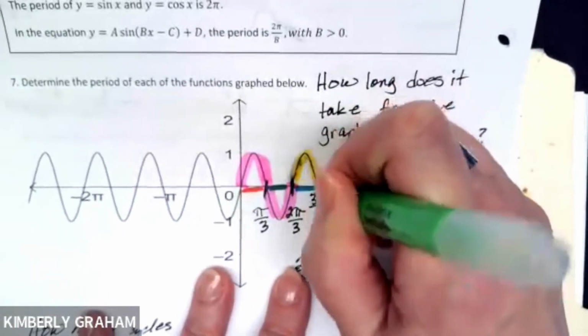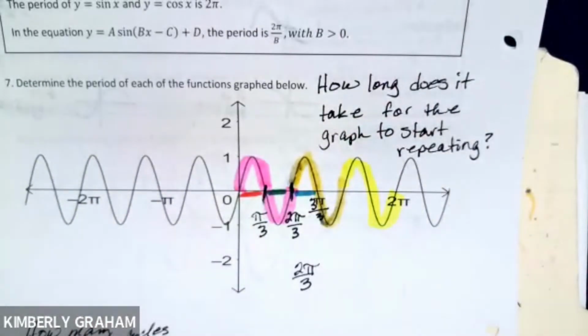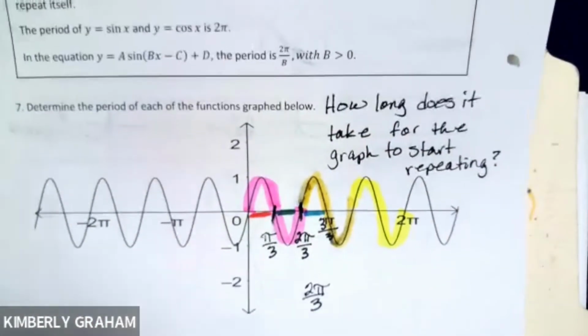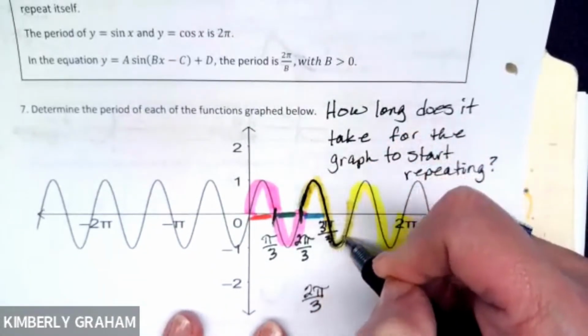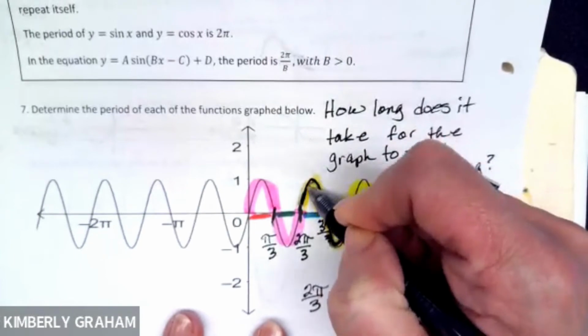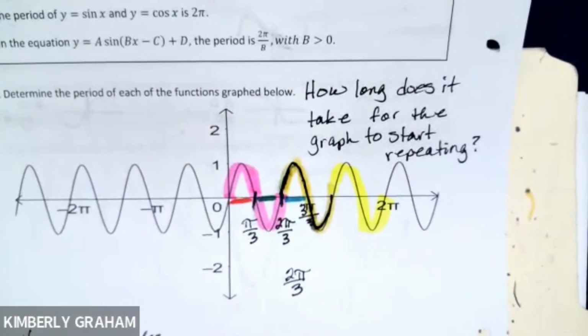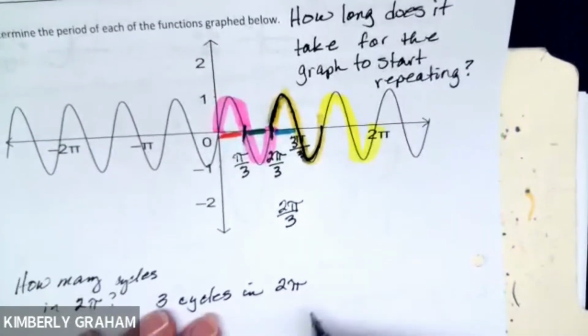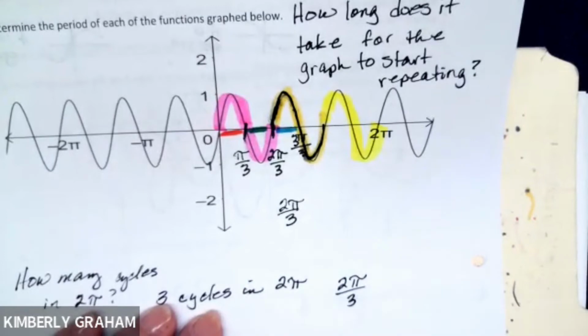Maybe it'll look a little bit more green. All right, so you can see I have 3 complete cycles here. Right, so I got the pink, the black, and then the yellow. So I have 3 complete cycles in 2 pi. So each cycle then is 2 pi over 3.